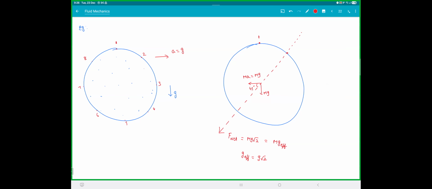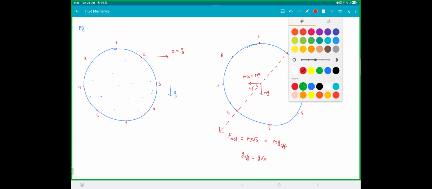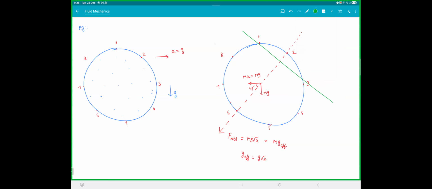This is 1, this is 2, this is 3, 4, 5, 6, 7, and 8. These are horizontals. You're getting the whole idea that what is up and what is horizontal will change depending on your net force.